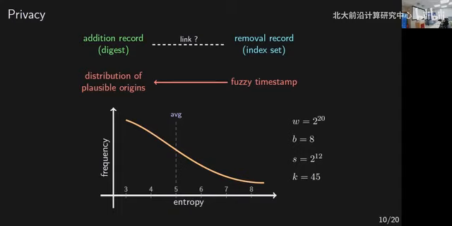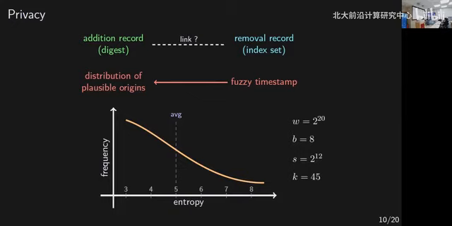So after 8 additions, the window shifts by 2 to the 12 bits, and k is the number of hash functions. And since the batch size is 8, your anonymity set is always at least 8. So that's why this graph doesn't drop below 3, which is log base 2 of 8.